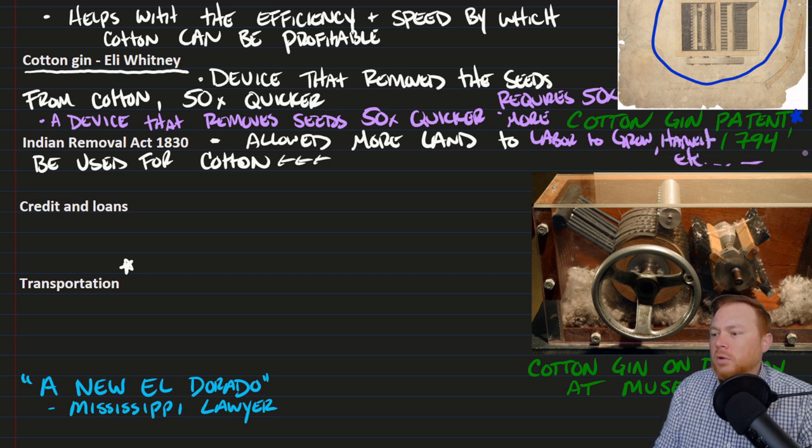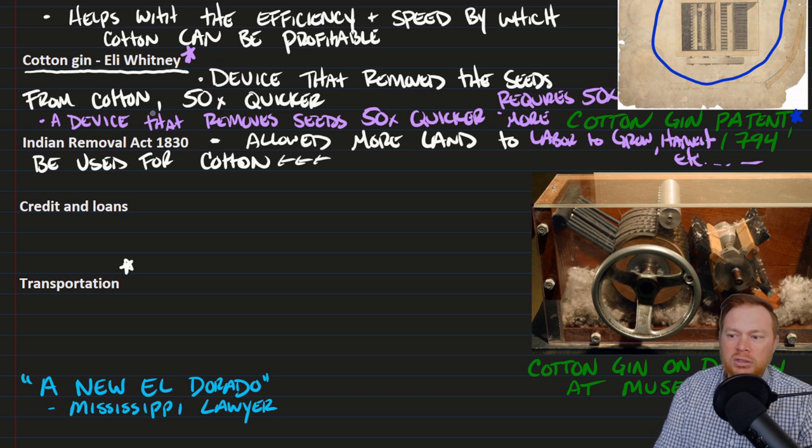Everything else is required. So what's interesting about Whitney is that, if you had to say which single person was most responsible for the expansion of slavery in the United States, you can make an argument it was Eli Whitney.